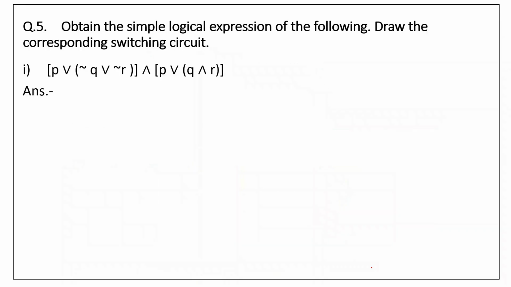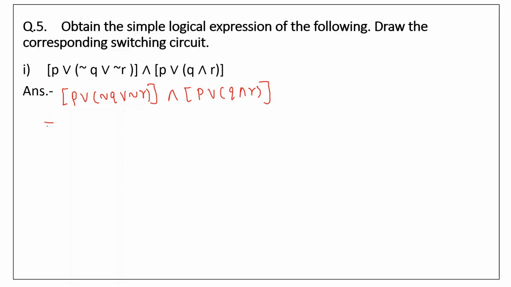Next one, obtain the simple logical expression of the following. So we have to convert this logical expression into simple logical expression by using laws. So we write this statement as it is.